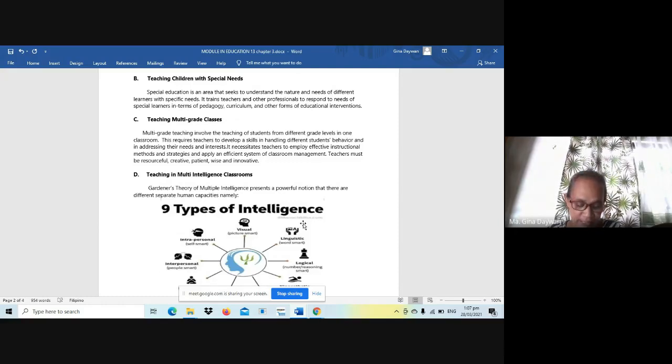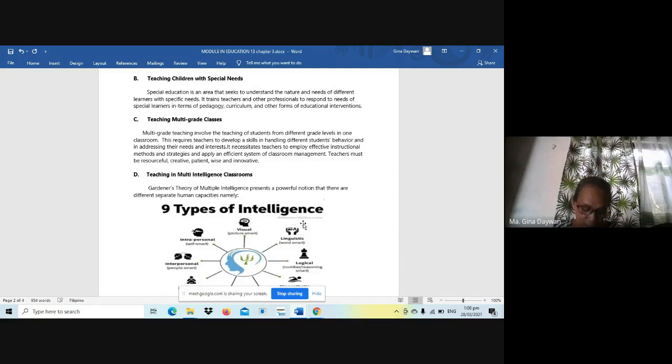This requires teachers to develop skills in handling different students' behavior and in addressing their needs and interests. It necessitates teachers to employ effective instructional methods and strategies and apply efficient ways of classroom management. So the teacher here must be resourceful, creative, patient, wise, and innovative.